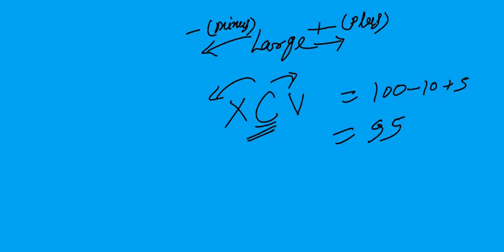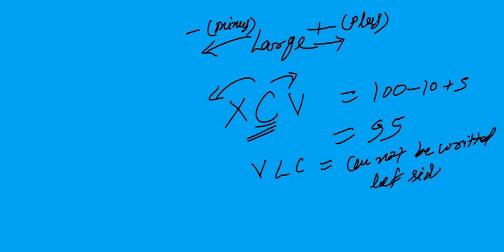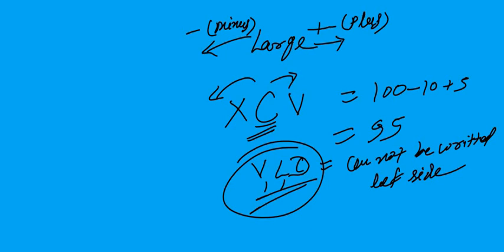So when a value is written on the left side, it will be subtracted, and when a value is written on the right side, it will be added. But remember that V, L and D cannot be written on the left side. That means V, L and D cannot be written on the left side. We cannot write VC. Here I have written V, here I have written C. So we would say 100 minus 5, it is 95.